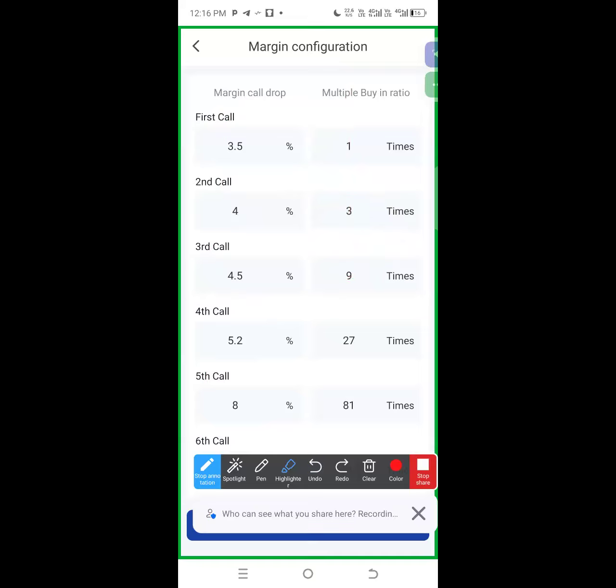Let's do the calculation together. 3.5 plus 4 plus 4.5 plus 5.2 plus 8 plus 10.